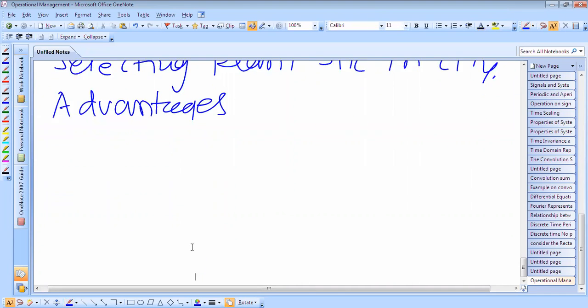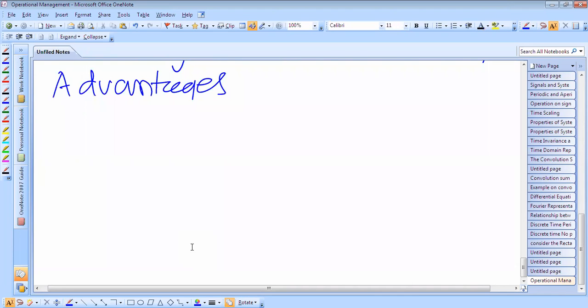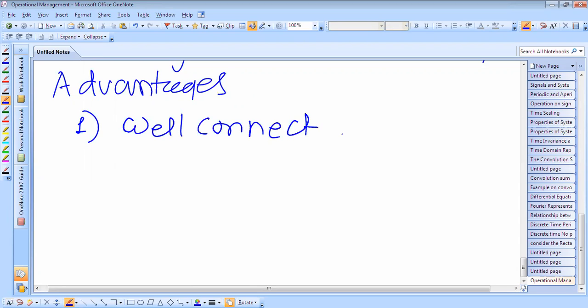The advantage is that a city is well connected by all the routes. For example, it may be the rail route, the air route or the road. Okay, that is the advantage of the city.